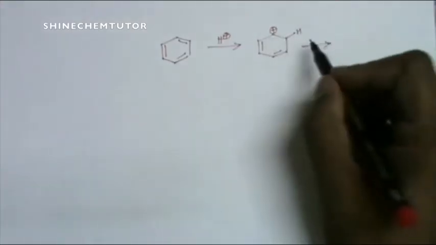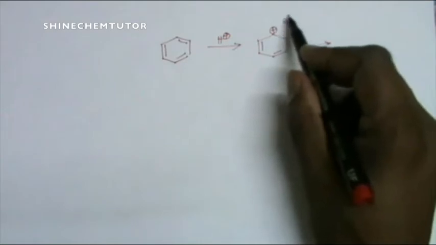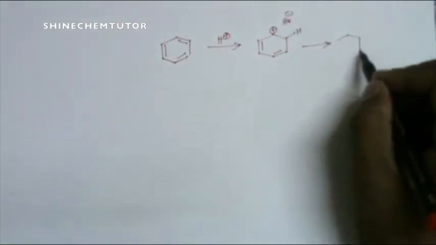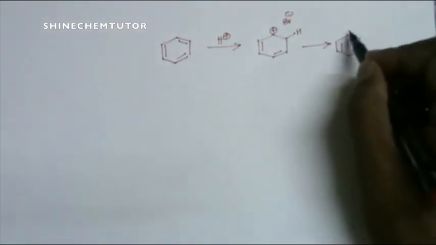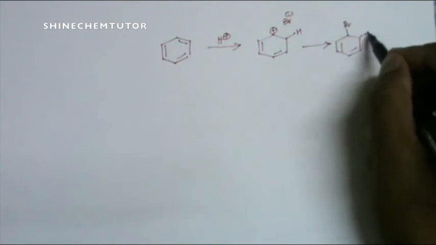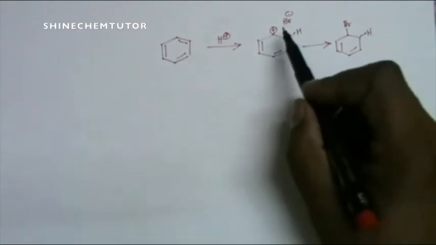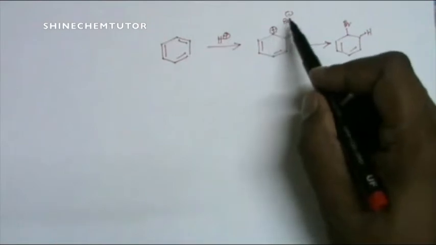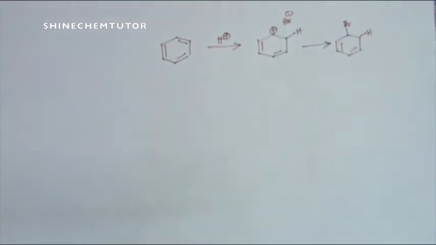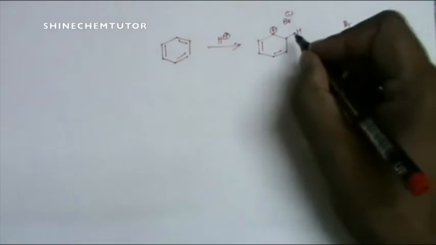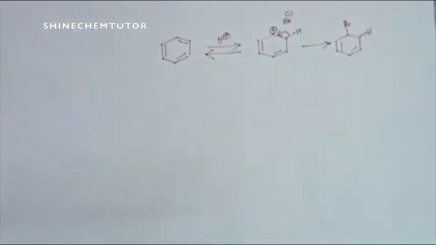This carbocation may be attacked by Br minus to give this. So basically it is an addition reaction, similar to the earlier one, whatever we have discussed in Markovnikov addition. But in this case, the carbocation is not attacked by Br minus. Instead of that, it prefers to undergo elimination to give the starting material back.